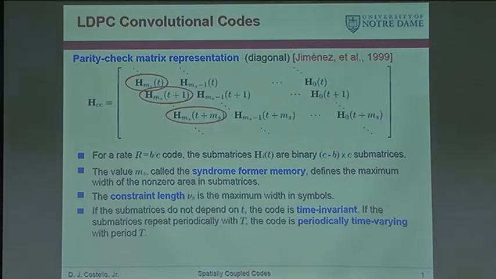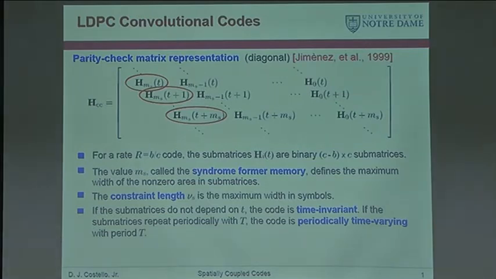Now, this is a very general view, in the sense that we're allowing the submatrices to be time varying. The structure stays the same, but the individual elements in the submatrices can be time varying in general. If there is no time variation, then it's a so-called time invariant code, which is the kind we would be familiar with from our discussion of convolutional codes.